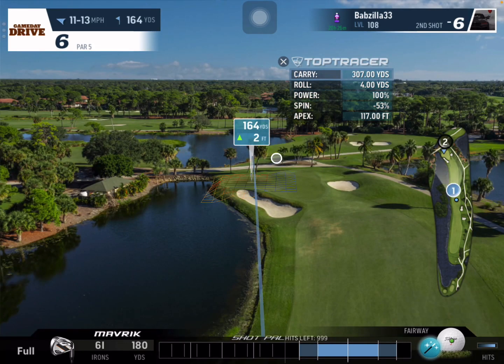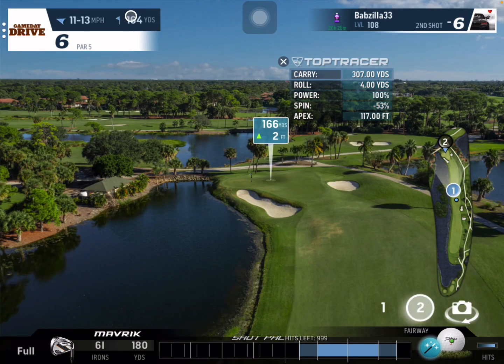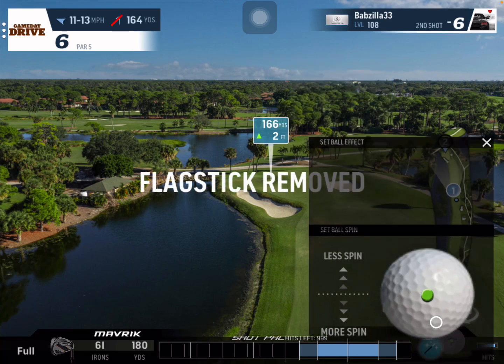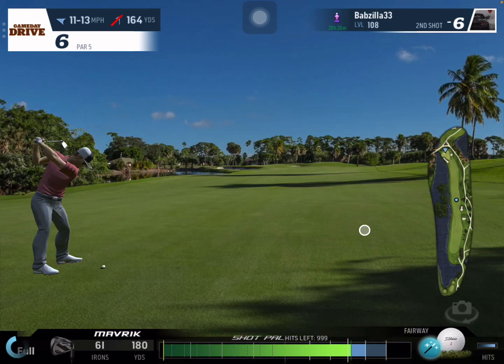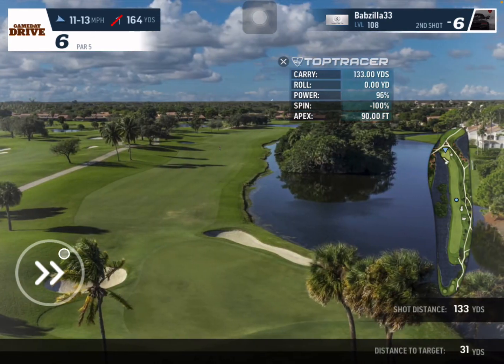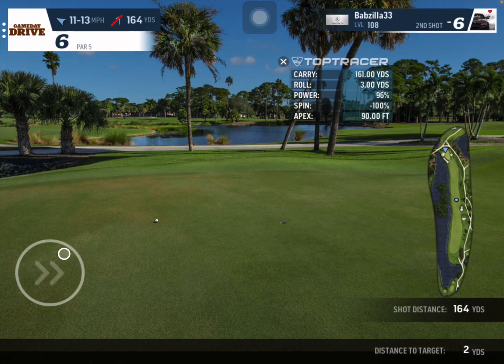Don't want to aim too much here because there's a little section out there on the right side that I want to try and avoid if possible. Good shot there.